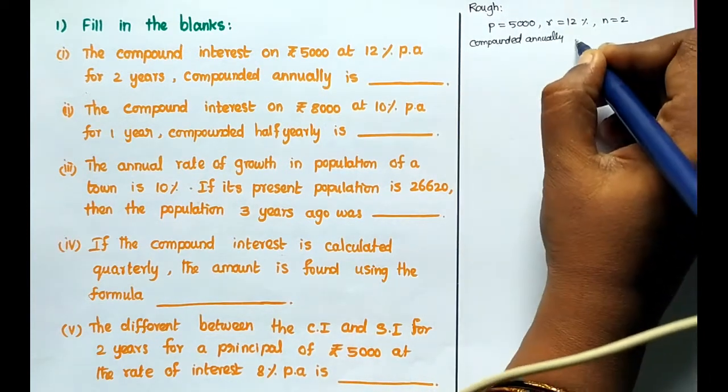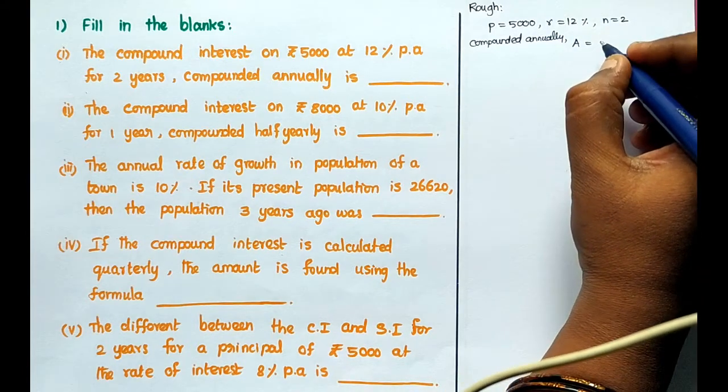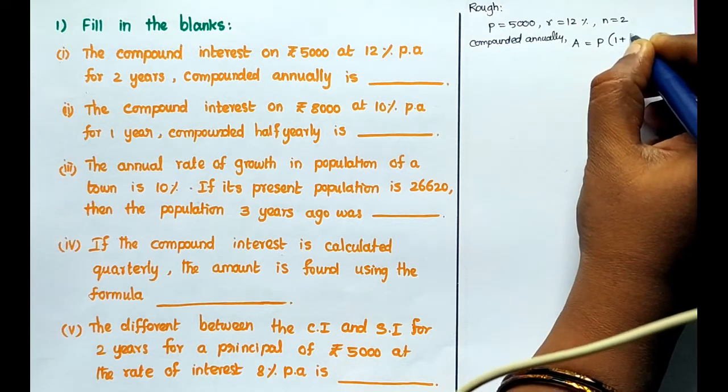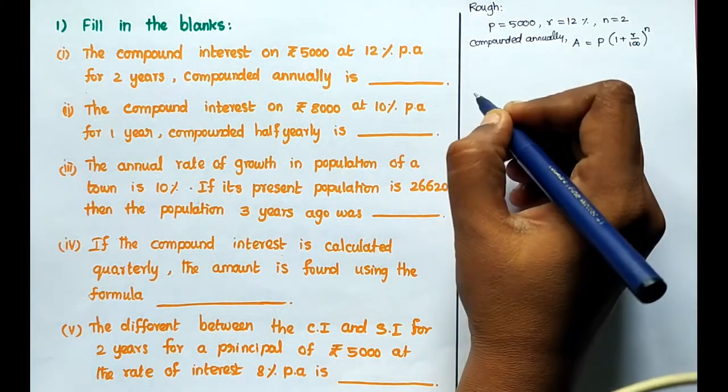So first, compounded annually means how will you find the amount? A equals P into (1 plus R by 100) whole power n.